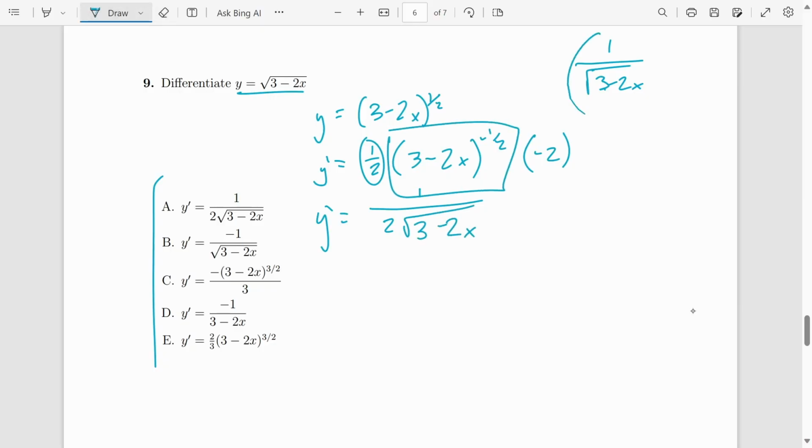That's what we just set up there. And then all of this times -2, so -2 on the top. These two 2's are going to cancel out. We're just left with -1 on the top. And our answer should be, do we have an answer here? Oh yep, we do. It's B. There we go. Awesome.